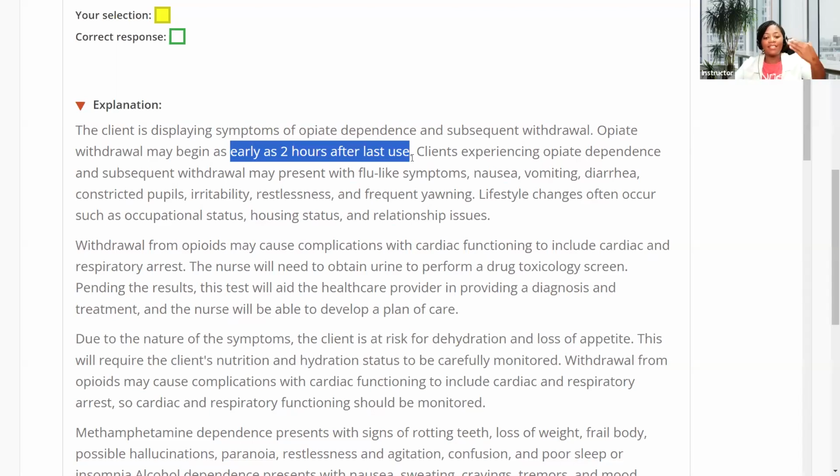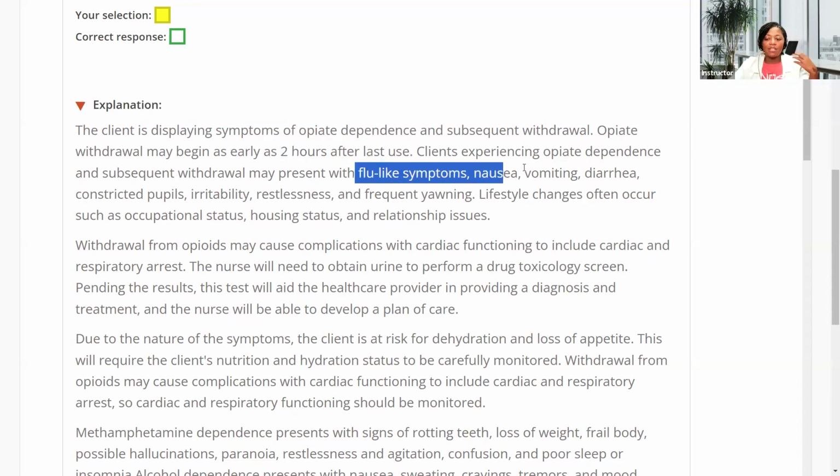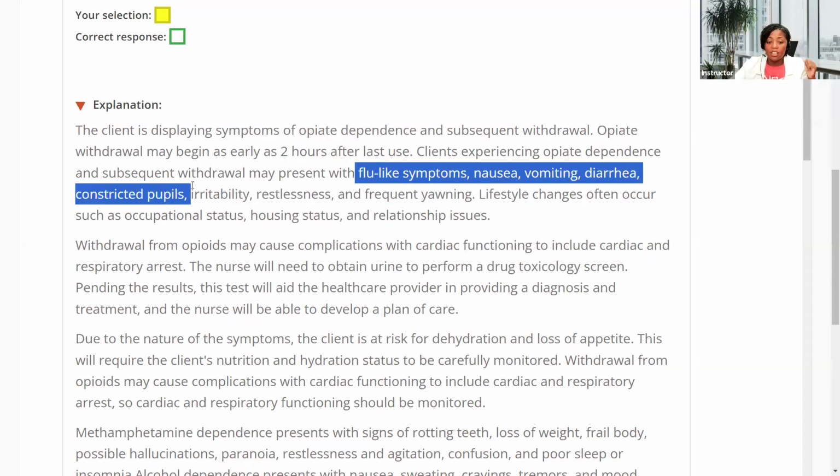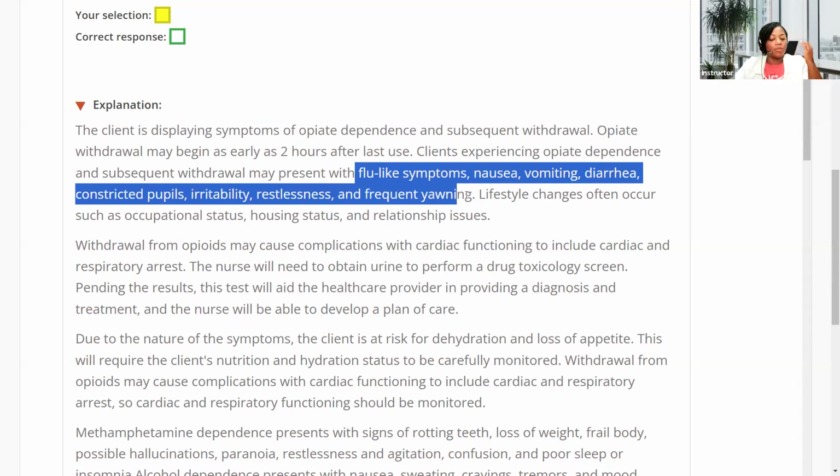Without it, they may start having these symptoms, right? Symptoms that we saw were the muscle aches, the nausea, the vomiting, the diarrhea, the constricted pupils, that equals withdrawal, right? Constricted pupils, irritability, restlessness, irritable, frequent yawning. All right.